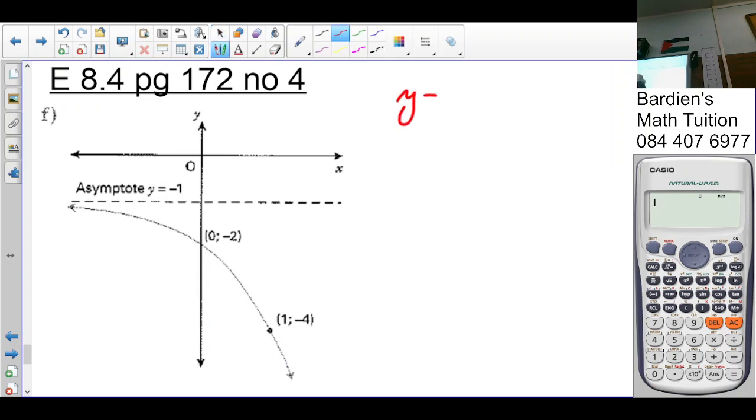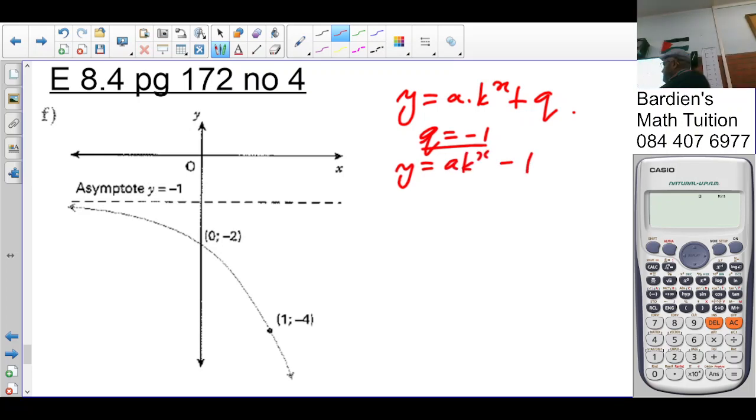So y is equal to a times k to the x plus q. Who asked this question? What did you write down first? I said q is equal to negative 1. Q is equal to negative 1, yes, so it's your horizontal asymptote, absolutely correct. So y is equal to a times k to the x minus 1. Substitute 0 and negative 2.